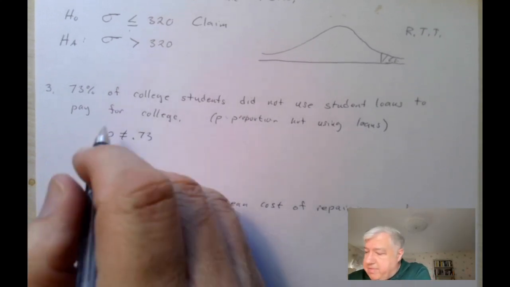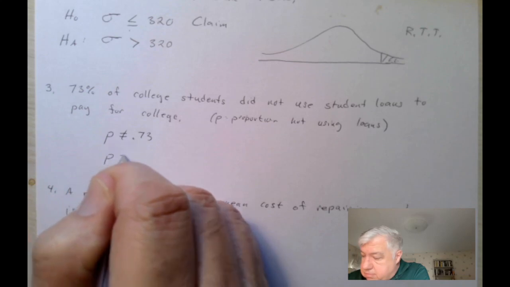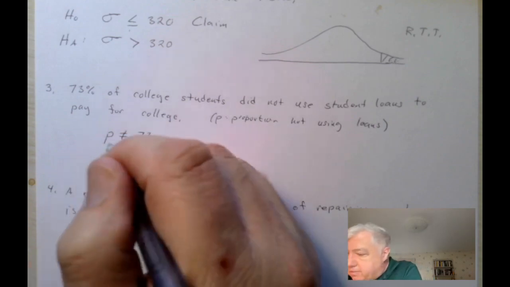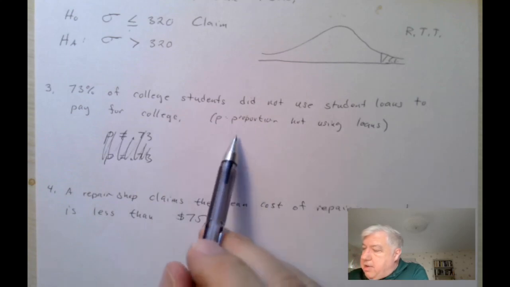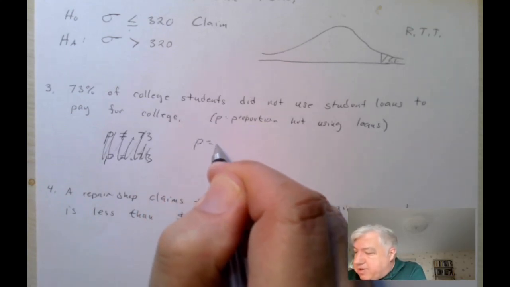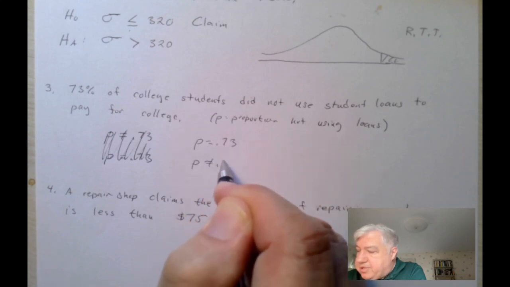We're saying P is the proportion not using it, so the claim says that P equals 0.73. And then the alternative of that would be P is not 0.73.